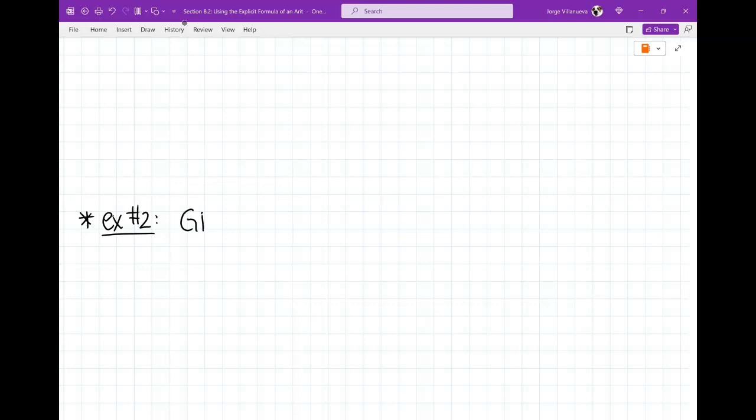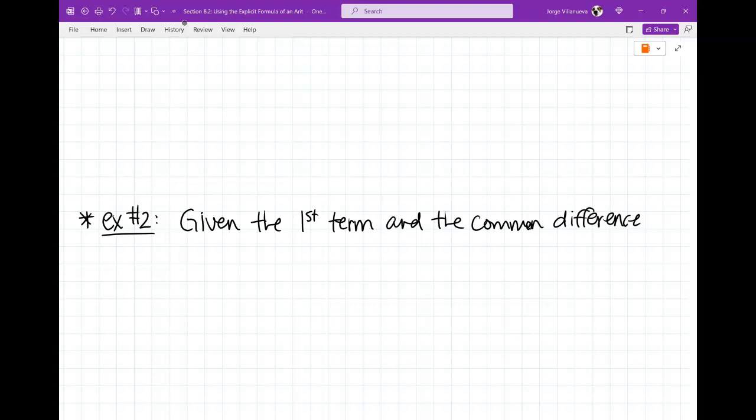So this one says, given the first term and the common difference of an arithmetic sequence, find the term named in the problem and the explicit formula.